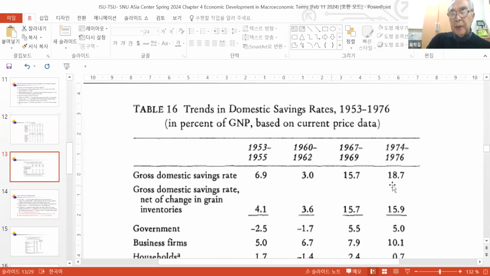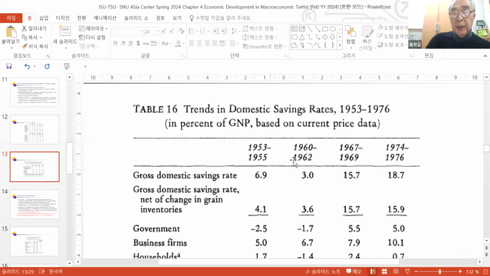But by 1974, 18.7% out of $100 earned, 18% was saved. So this rapid domestic savings increase makes Korea's industrialization domestically financed.